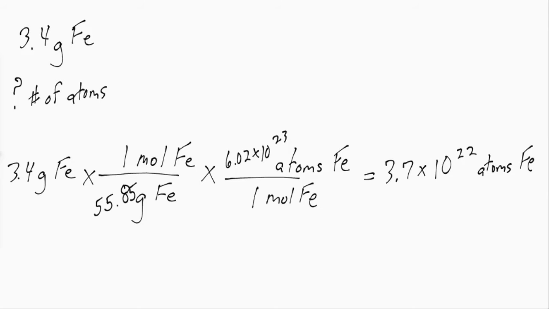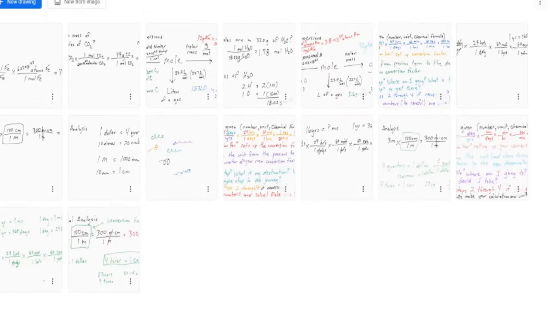Let's do one more. Let's do one involving volume. Let's say if you have 4.2 liters of carbon dioxide gas, how many, why don't we do atoms? How many molecules?